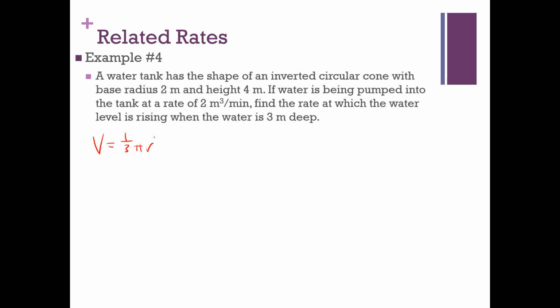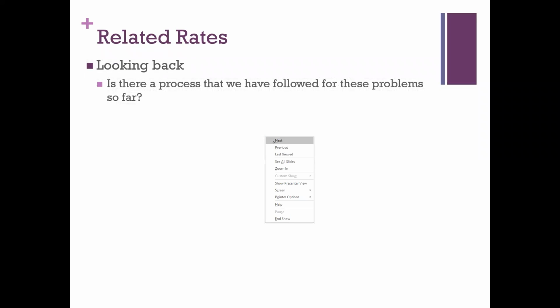So we said this was the volume of the cone, specifically the cone shaped like water inside the tank. We said this at some point, right? That H is equal to 2R.